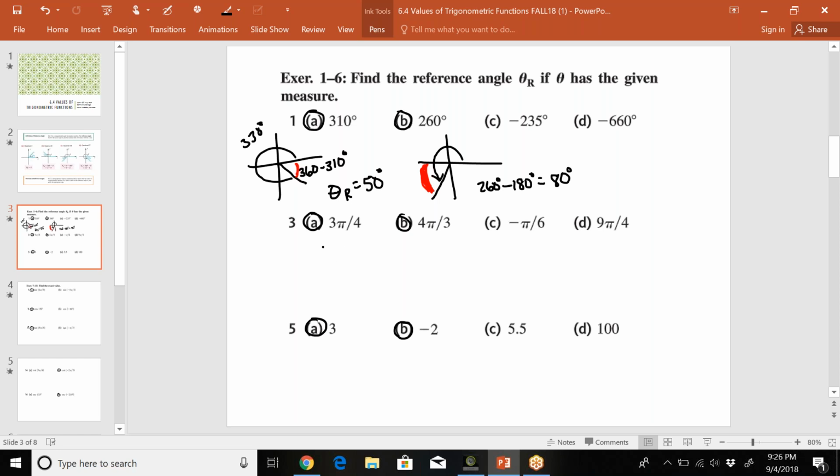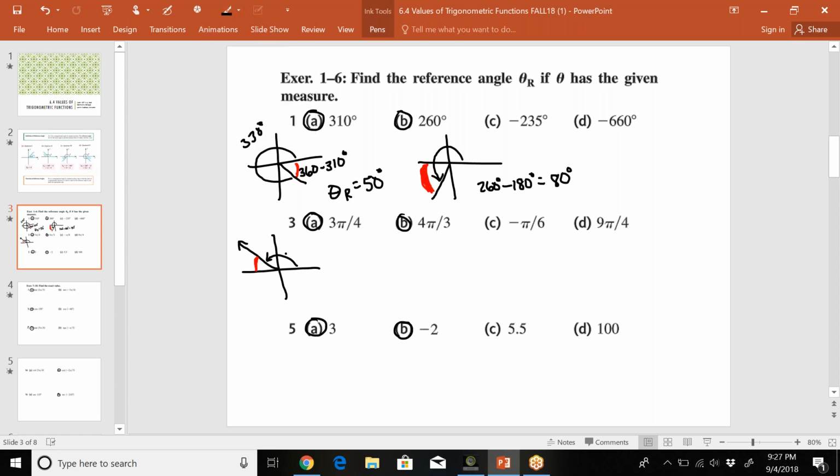Now, the ones that are usually harder are the 3 and 5 versions. So for 3 pi over 4, you have to remember where that is located on our unit circle. 4 pi over 4 is pi, and then remember pi over 4, 2 pi over 4 is pi over 2, so 3 pi over 4 is located right here. So that's the angle. To find the reference angle, we want the other piece that's going down to the x-axis.